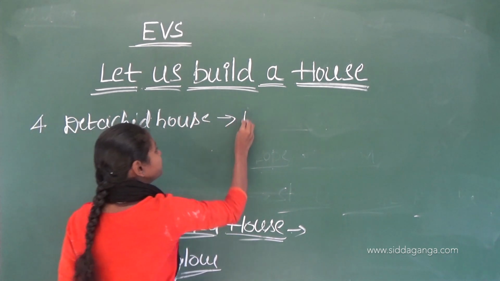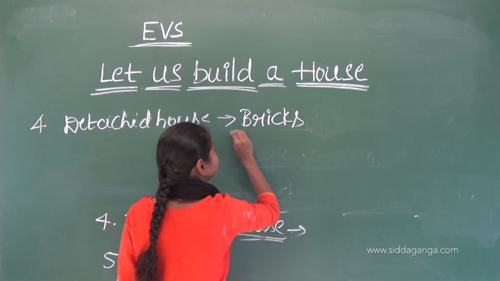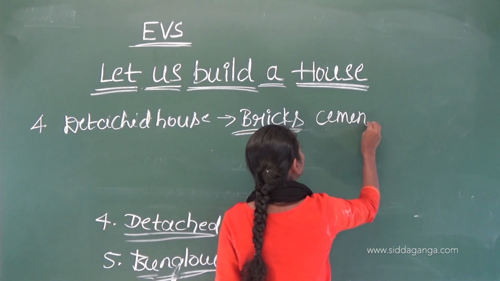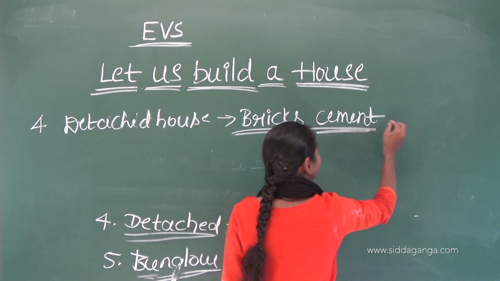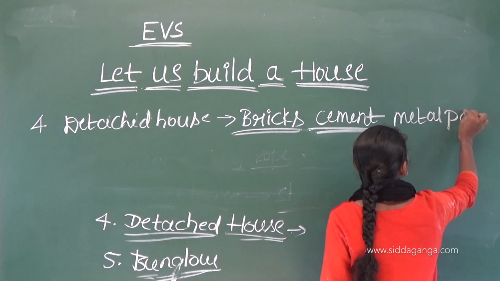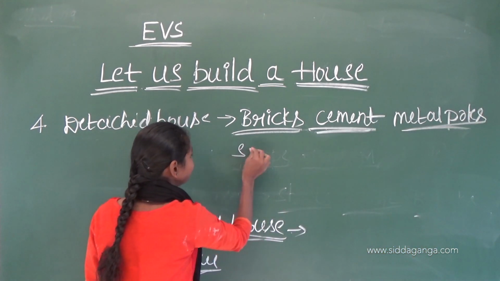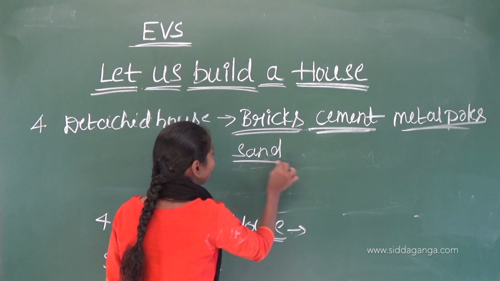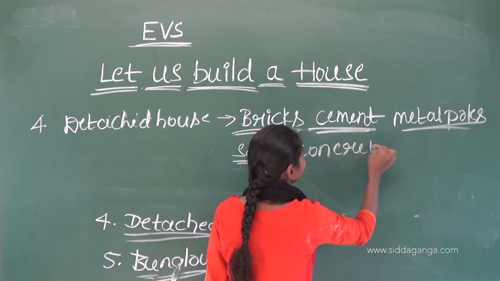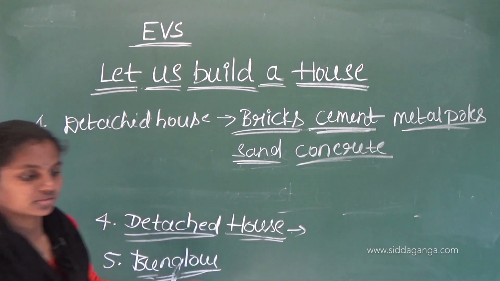We have to use bricks, cement, metal poles, sand, concrete. So these are all the materials which are used to construct the detached house.